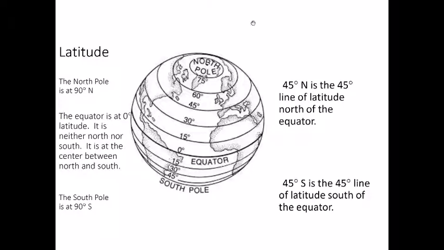The North Pole is at 90 degrees, and we represent it as north because it is in the northern hemisphere. Similarly, the South Pole would be at 90 degrees south, and the equator is at 0 degrees, like we discussed. So the 45 degrees north line would be 45 degrees to the north of the equator, and a point represented as 45 degrees south would be at 45 degrees to the south of the equator.